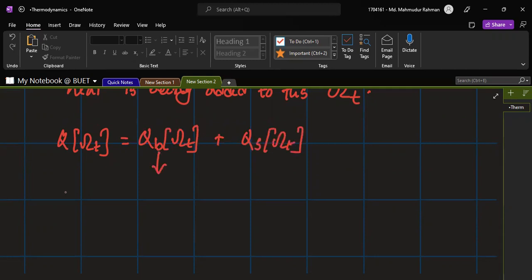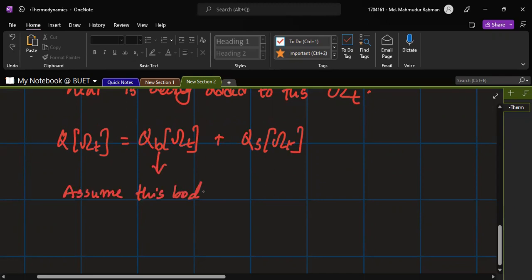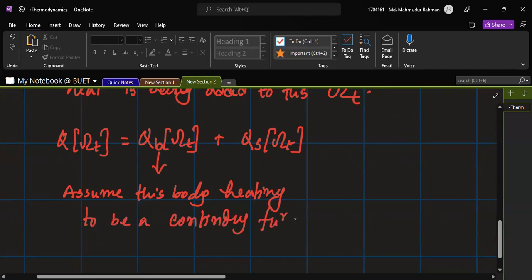We assume this body heating to be a continuous function of the volume. And this quantity here, Q sub S, we call surface heating.